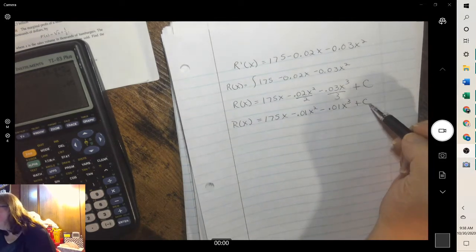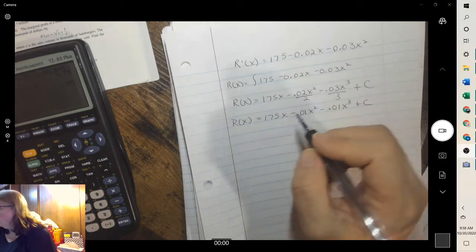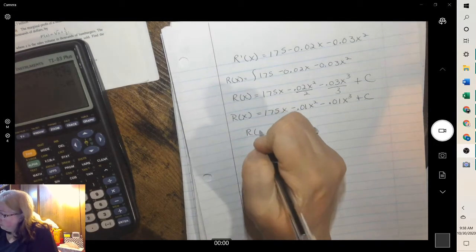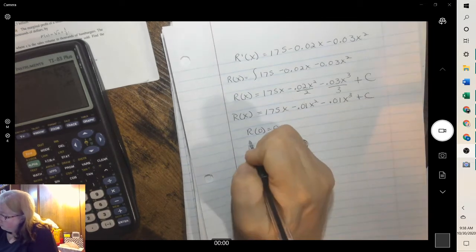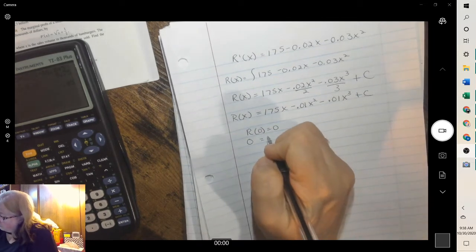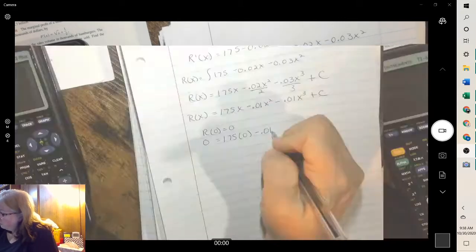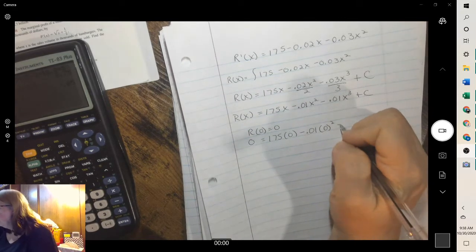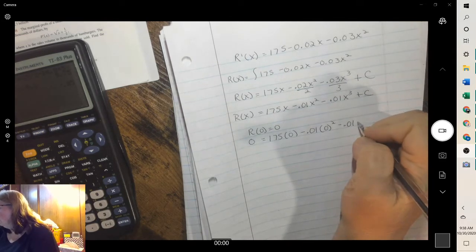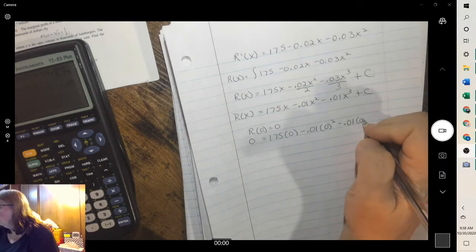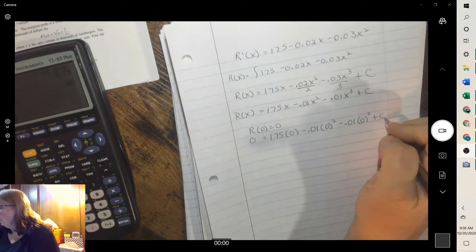Now to find C, we know that if we don't sell anything, our revenue is 0. So we know R of 0 is 0. And when you have a polynomial, and this is the case, then your C is going to be 0, but it's not always the case.